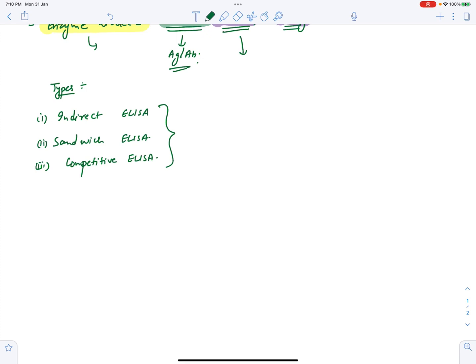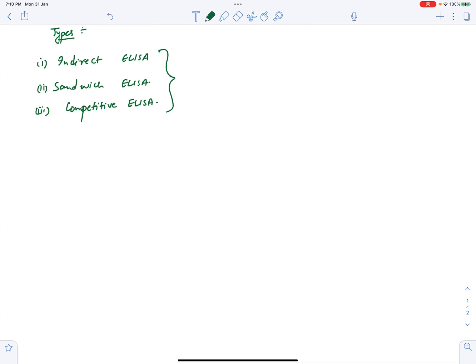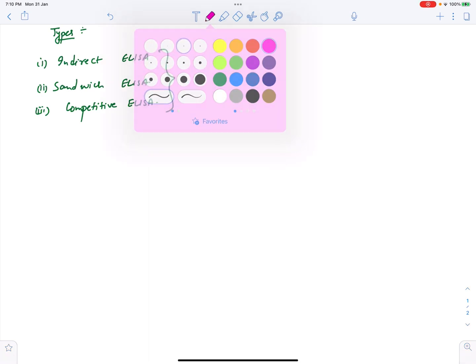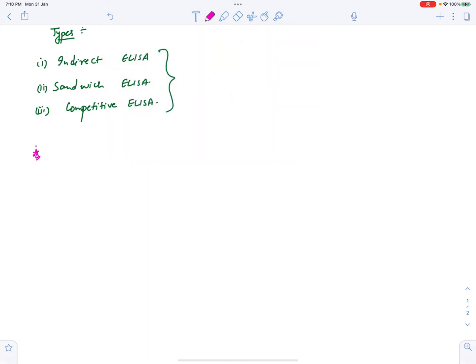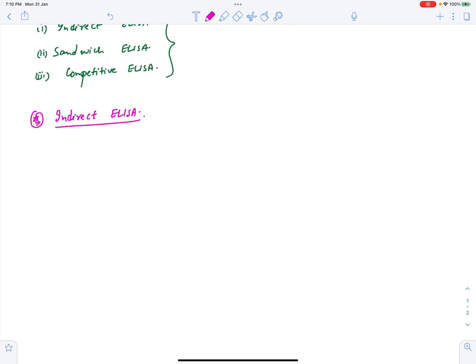So first let's start with the indirect ELISA. In indirect ELISA, you can detect an antibody.